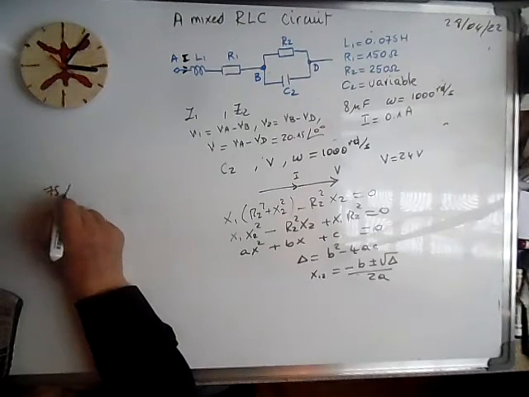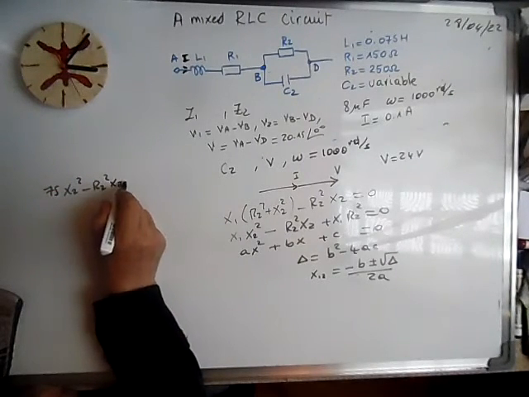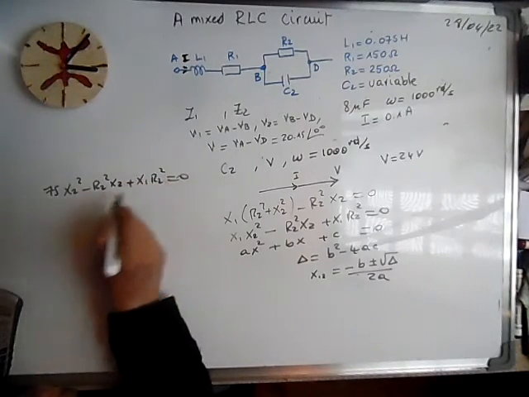Here we have 75 X2 squared minus R2 squared X2 plus X1 R2 squared equals 0.